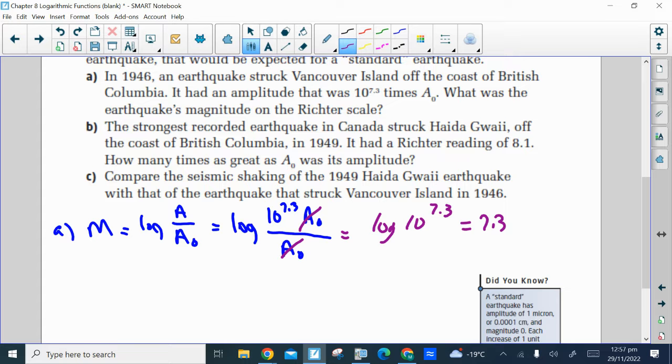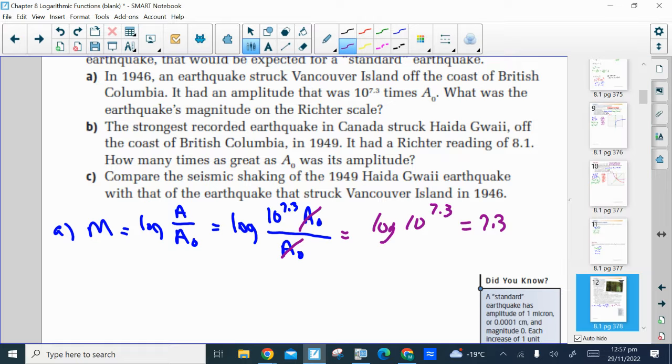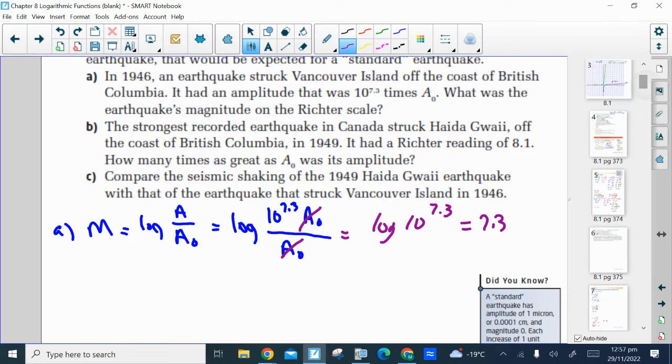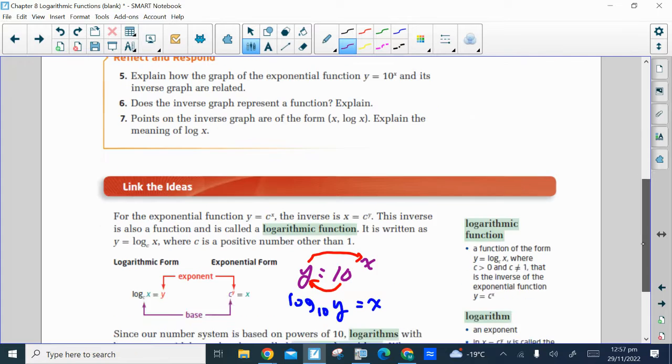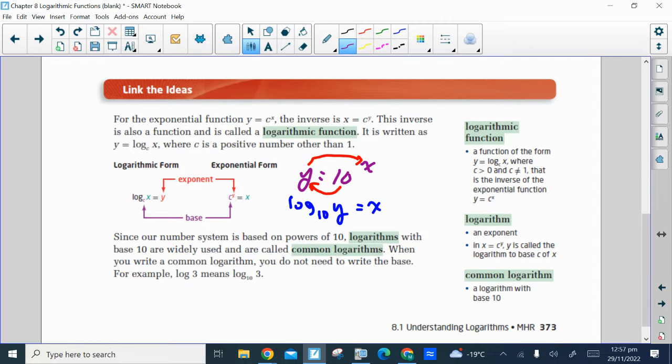The argument is written as an exponent, and the base of the log equals the base of the argument, so the answer is just the exponent. Let's go back and see if I can find that.